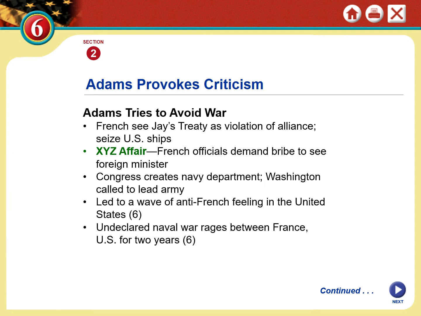Gee, haven't we seen this before? World War I and World War II. Same problem, except instead of the Germans, now it's the French, who started to see the Americans as a threat because we were making treaties with their enemy, Great Britain. Again, it's the same problem you'll see in World War I and World War II.